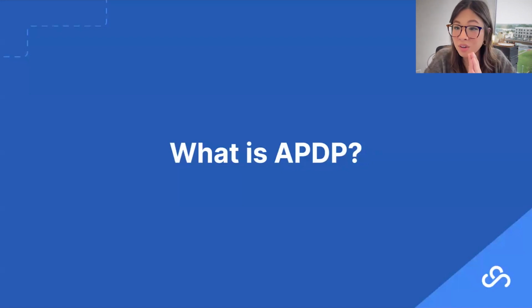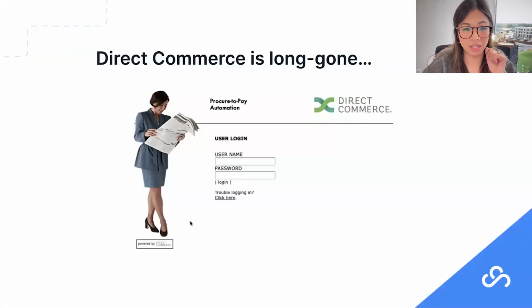We are going to get started by talking about what APDP is. For those of you who have been in the finance world for a while with regards to Walmart, you may be familiar with Direct Commerce. That was an old website that Walmart utilized anytime you got a deduction and wanted to dispute it. Walmart used to outsource this to a company called Direct Commerce.